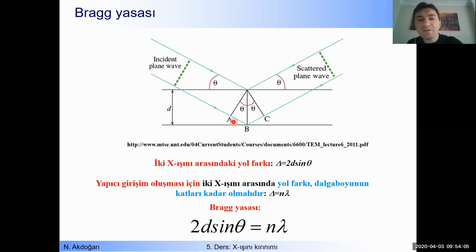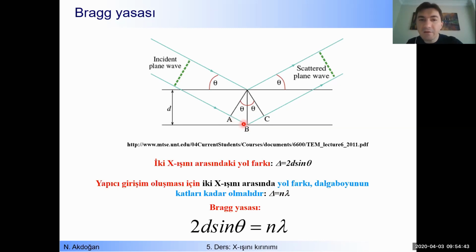But what happens within the material? Let's consider that this first X-ray is reflected or scattered from the surface, from the top atomic layer, and this one is diffracted from the bottom, okay? But you see here that they come together until that point and they continue together after that point, but this one travels some more distance compared to the other, okay? And this distance is given by AB plus BC, okay?